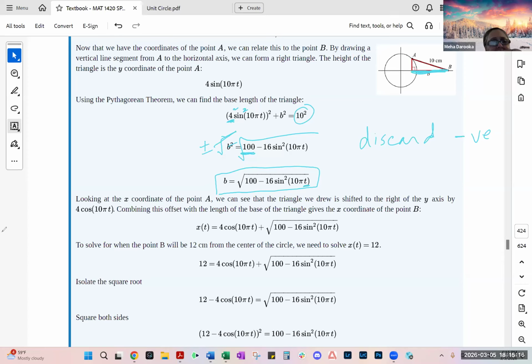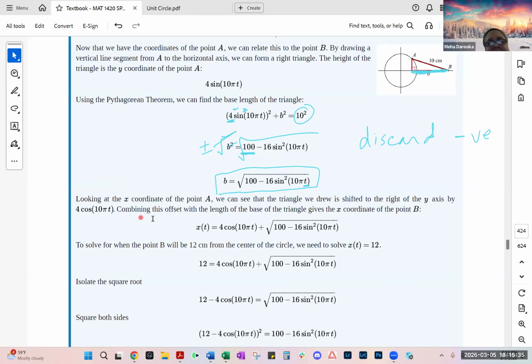Okay. So now they are saying, looking at the x coordinate of point A, we see that the triangle we drew is shifted to the right of the y-axis by 4 times cosine of 10 pi t.